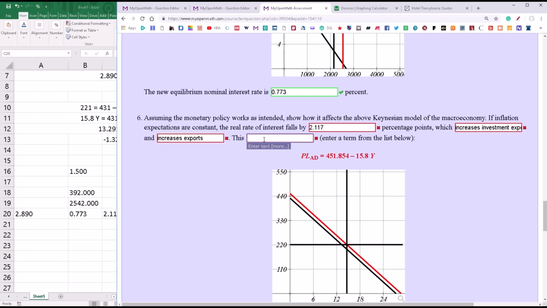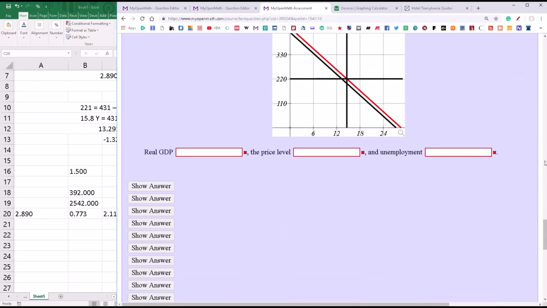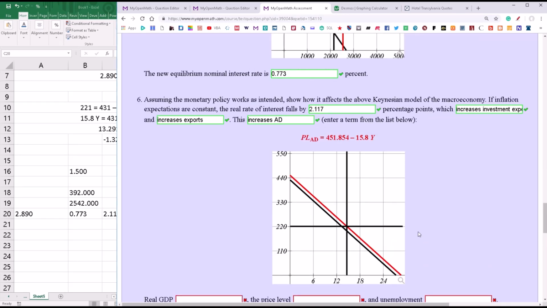This increases aggregate demand. Okay, and you see aggregate demand increase from the black to the red, and the recessionary gap closed. Now we're at this point here.